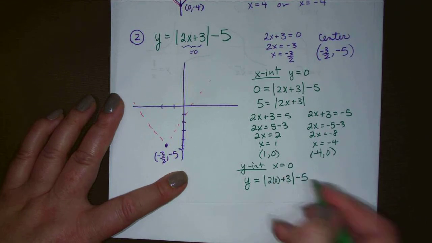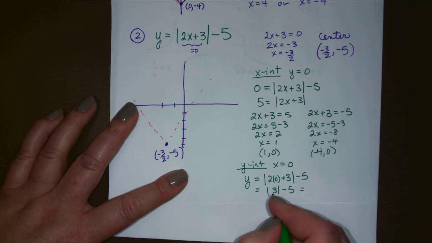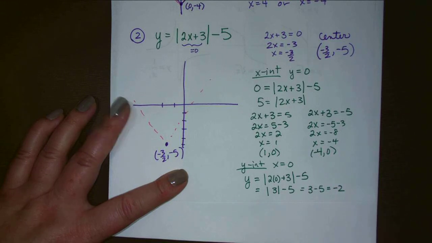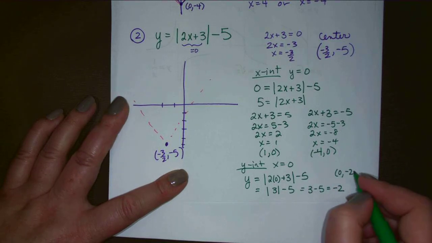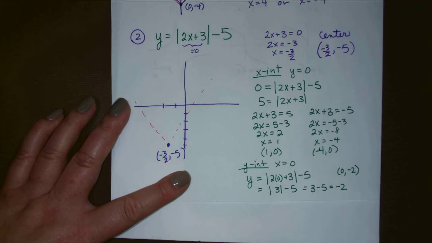Be careful of these. This is the absolute value of 3 minus 5. Absolute value of 3 is 3 minus 5, -2. So -2, a little bit off.